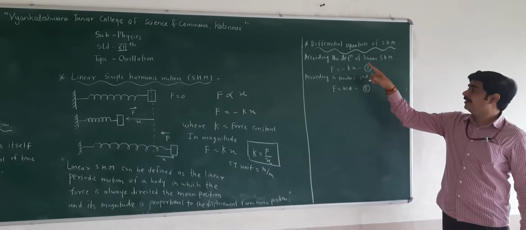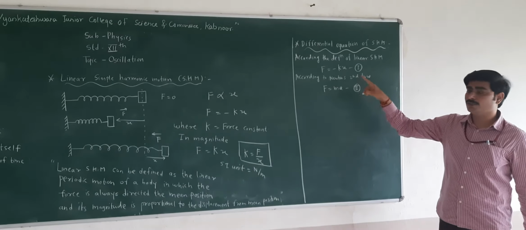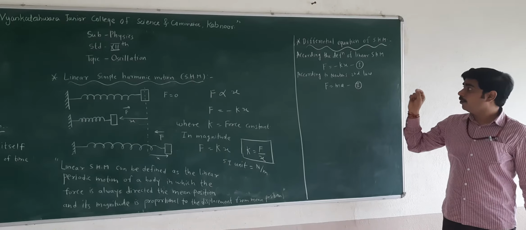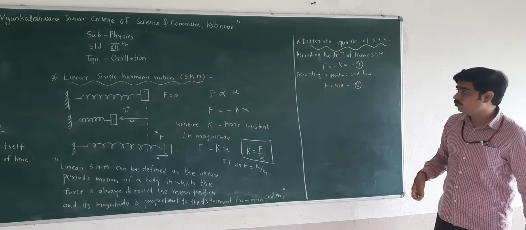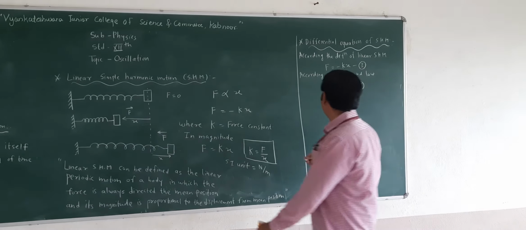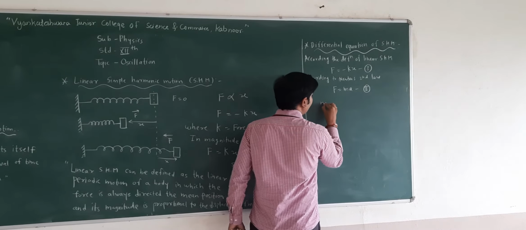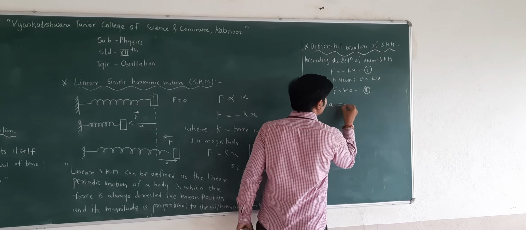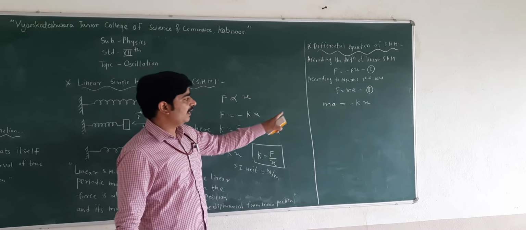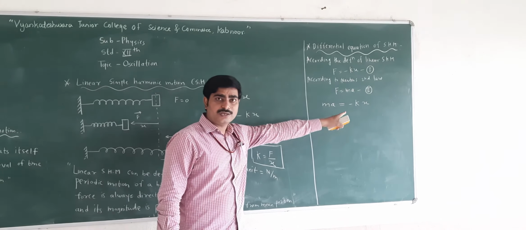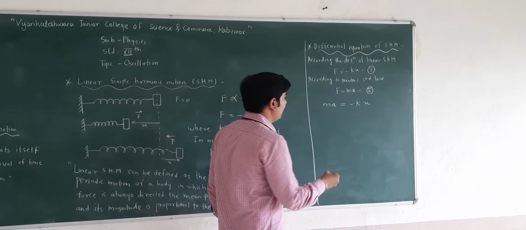According to the definition of the linear SHM, F is equal to minus kx, and according to Newton's second law, F is equal to ma. So compare these two forces. We can write ma is equal to minus k into x, where m is the mass, a is the acceleration, k is the force constant, and x is the displacement.